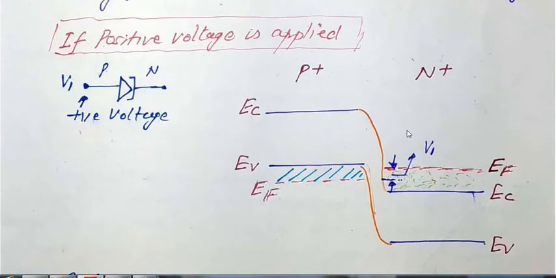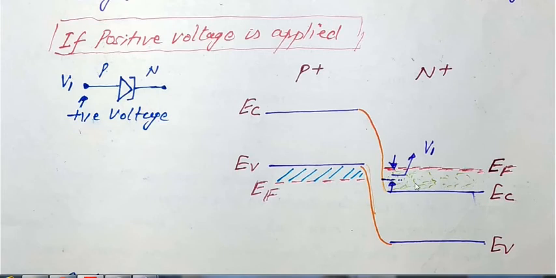This can be seen from this particular picture. Now we know that if negative potential is applied towards the N plus side, then the overall energy there will increase and the Fermi level rises. This is the Fermi level which rises compared to the P plus side where we apply the positive potential. So this Fermi level will rise from this point to this point when we apply the positive V1 voltage.